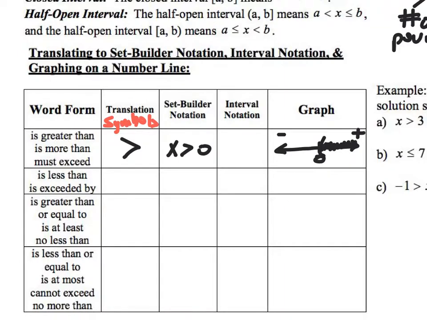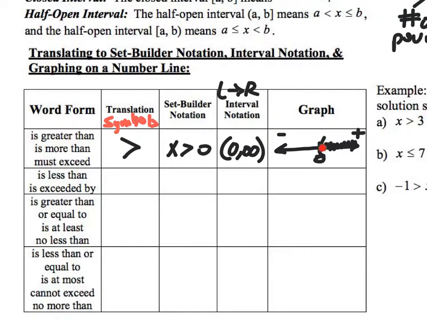If I wanted to put that in interval notation, I would say that if we start at 0, we go to positive infinity. Interval notation is read from left to right. This is where we start, and this is where we end.